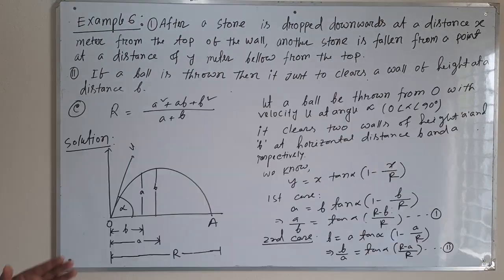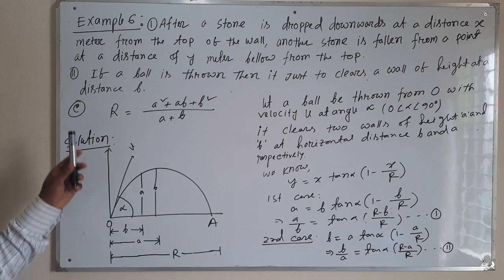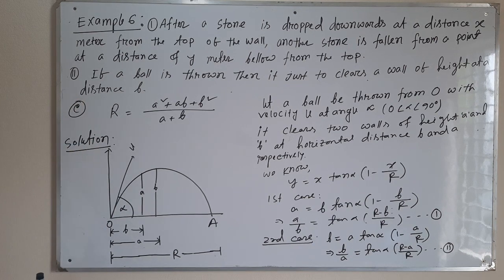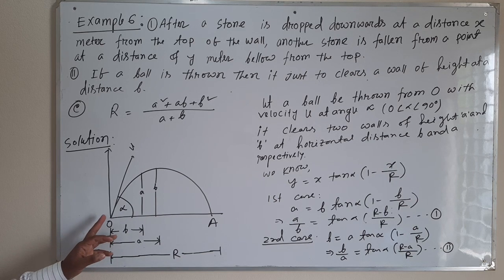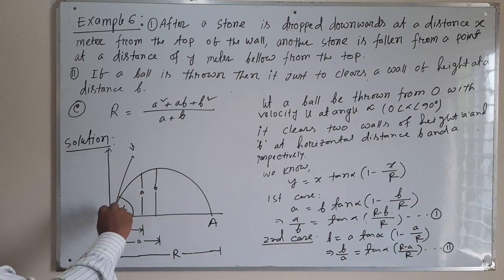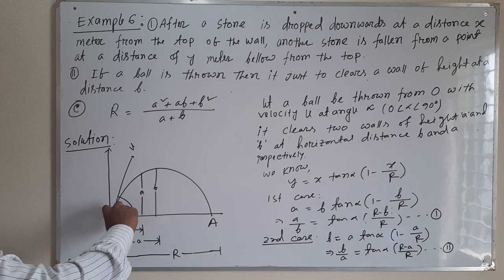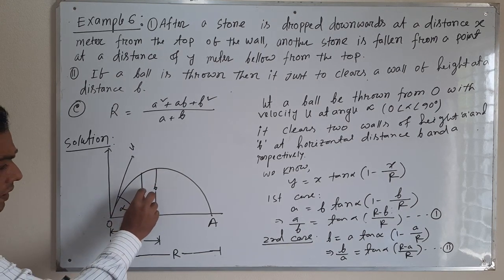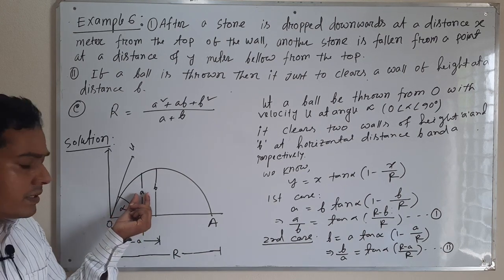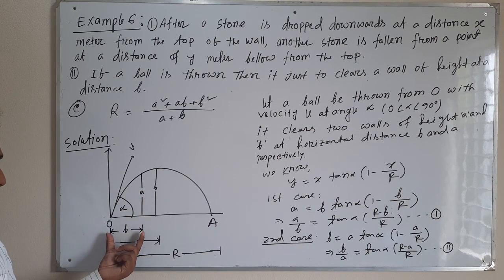Okay, now question number C. If a ball is thrown, then it just clears a wall of a height a at a distance b. From the stem, first question, if the height of the wall is a, then the horizontal distance is b.